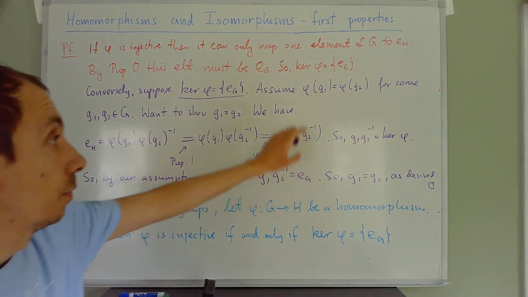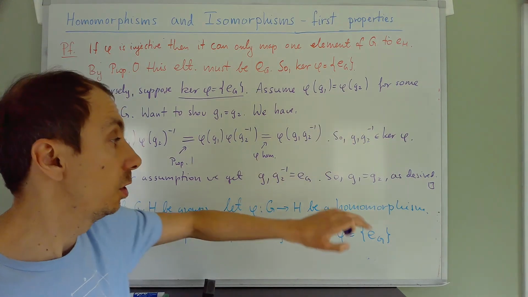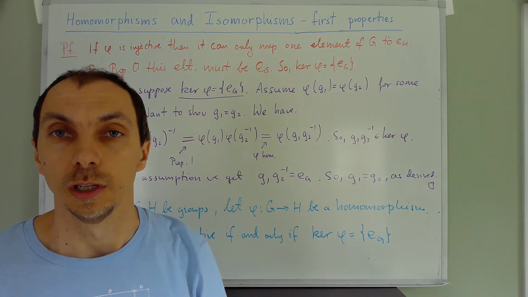Okay? So we proved that if phi of G1 is equal to phi of G2, then G1 must be equal to G2. So the function is injective.